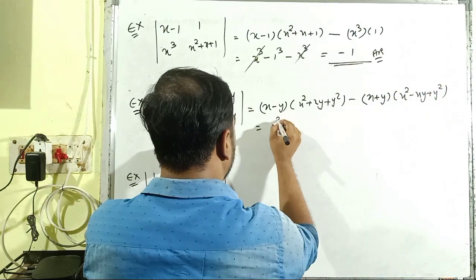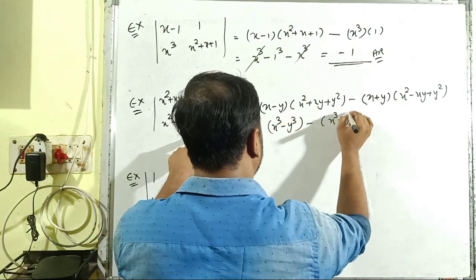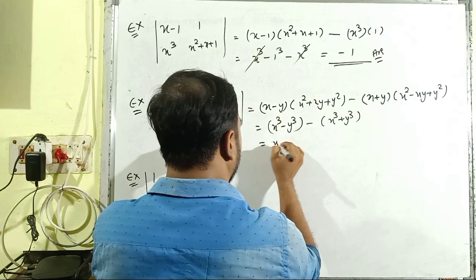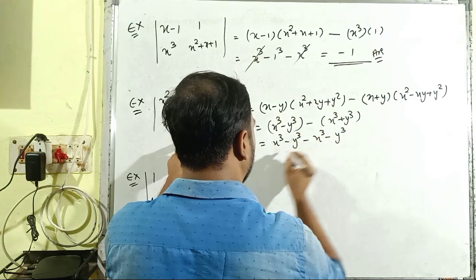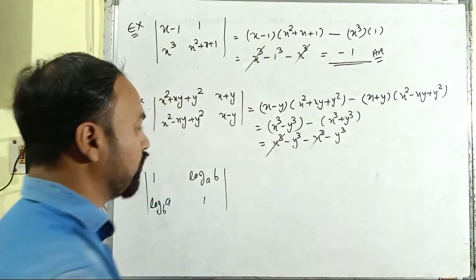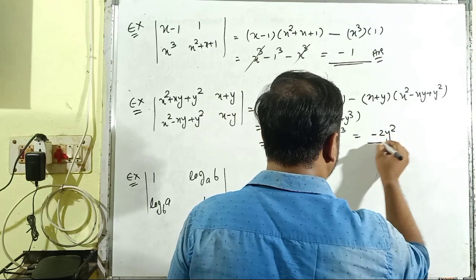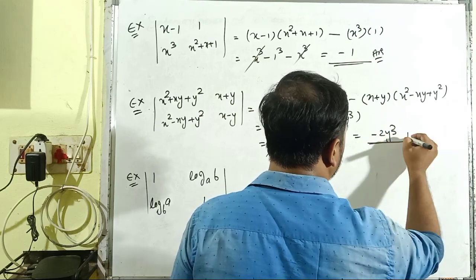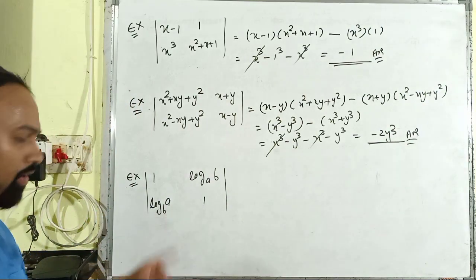Then it is x cube minus y cube minus x cube plus y cube. Then it is x cube minus y cube minus x cube minus y cube. Then cancelling both of the x cube here, we have the resultant minus 2y cube. Then moving towards the last problem.